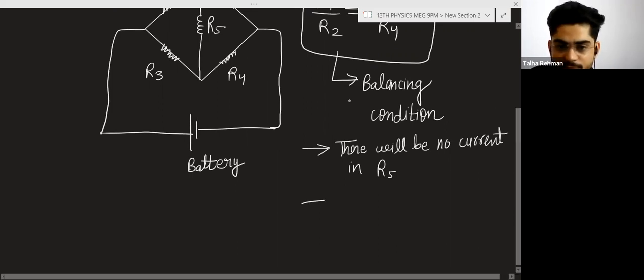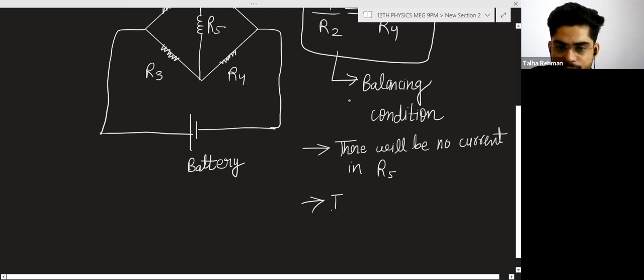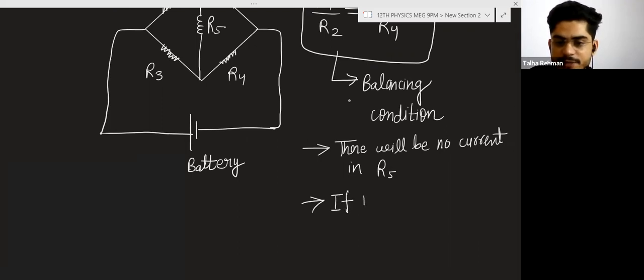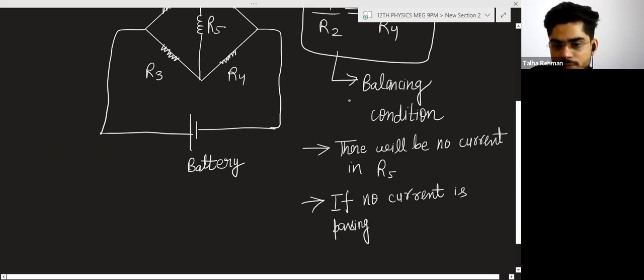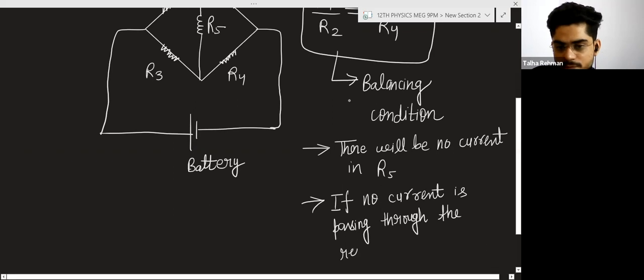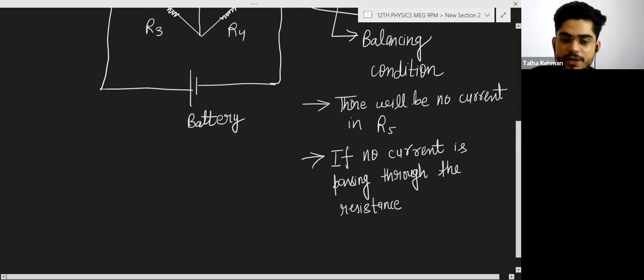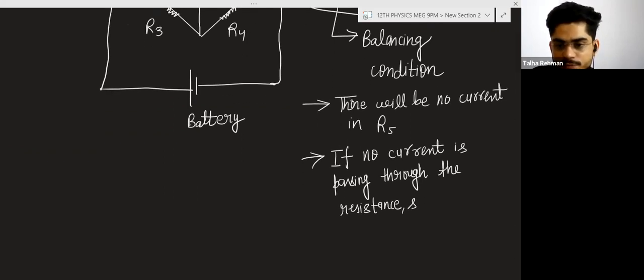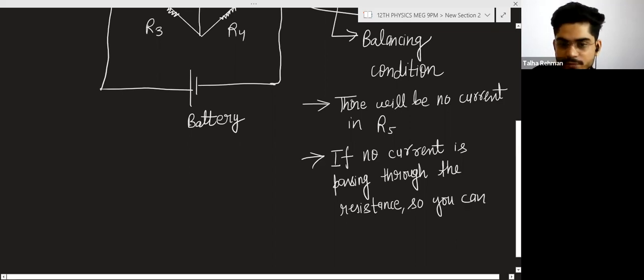So I am just writing it again. If no current is passing through the resistance, it will not contribute to the circuit, so you can remove it.